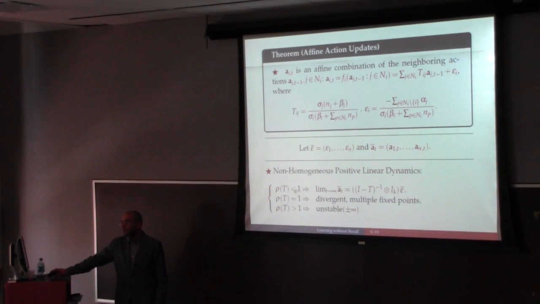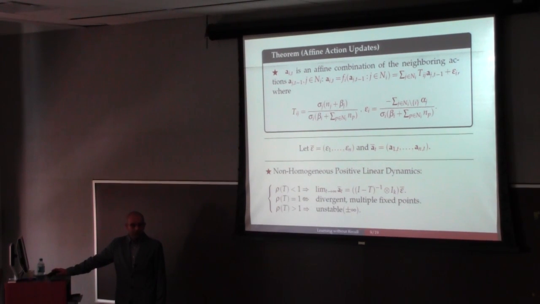So we need a spectral radius that is strictly less than 1, and then the asymptotic action would be basically the solution of this matrix inversion. Asymptotic action, first of all, it is not a consensus. There's no reason for people to be convergent on the same action, and it is primarily determined by the priors. So rather than aggregating information, the agents are driven completely by their priors.